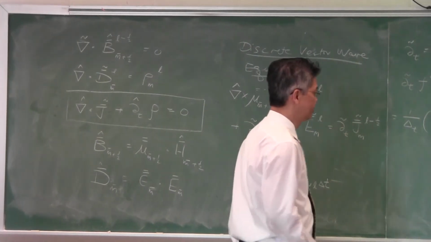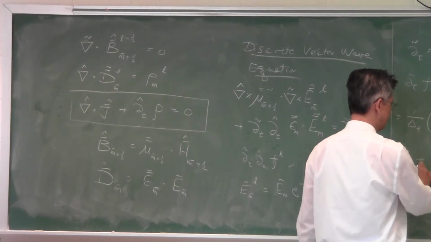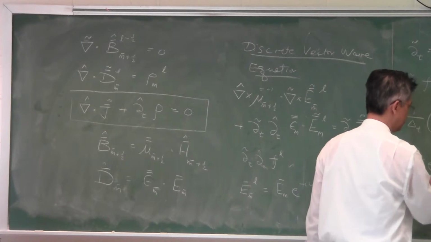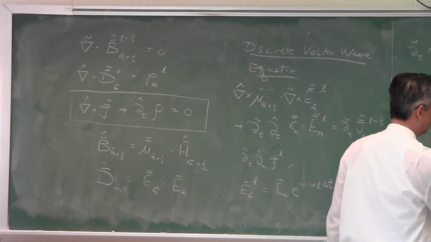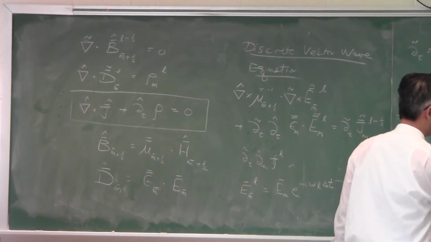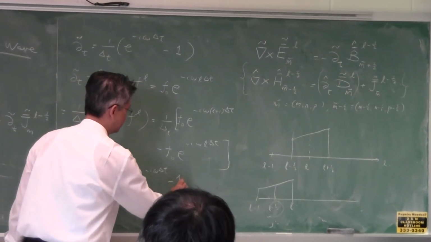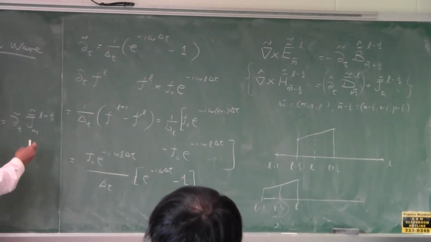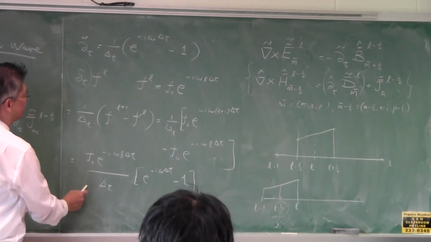Right? And then you take out the common term to both of them, which is f of 0 e to the minus i omega L delta t over delta t, times e to the minus i omega delta t minus 1. Okay. So what it means is that this derivative can be replaced with this quantity.